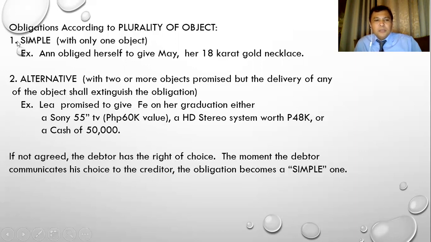So it reverts back to simple. Let's say, for example, Leah communicates to Faye that she's giving 50,000 pesos. From that moment, the obligation becomes a simple obligation, no longer alternative. So what is significant here is the communication.